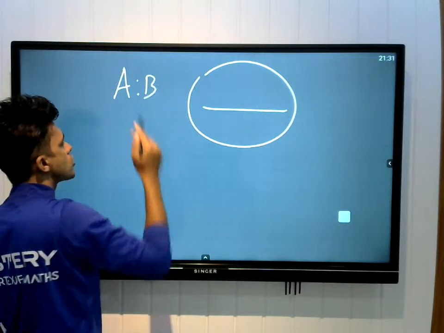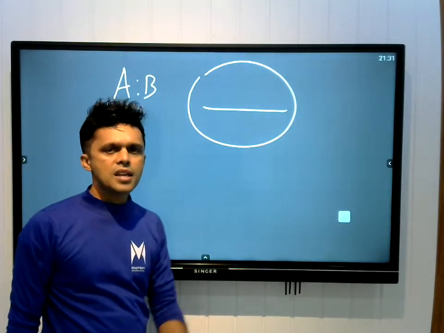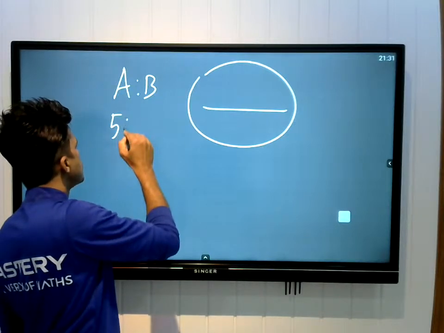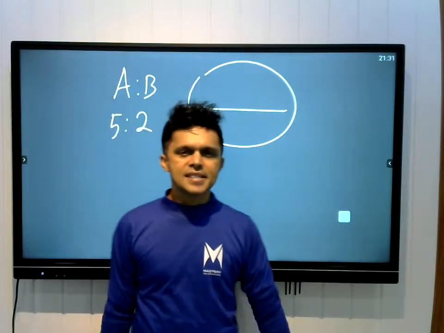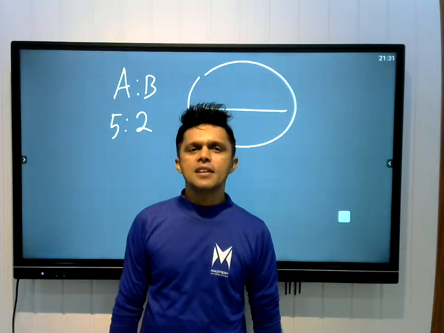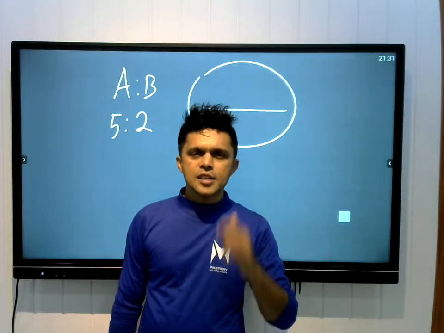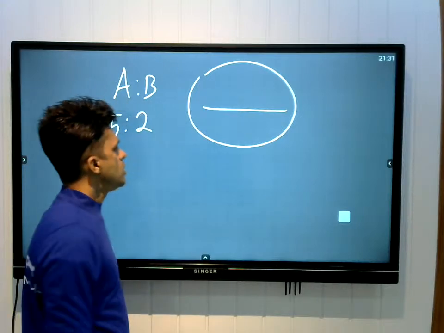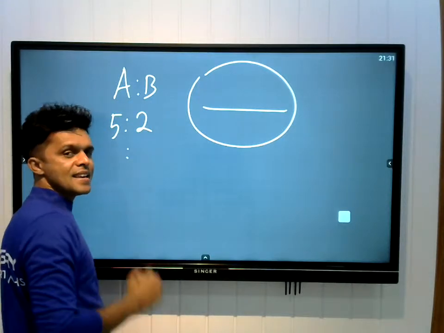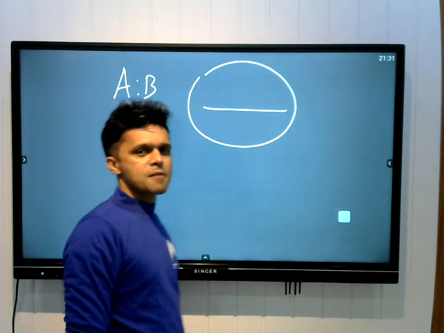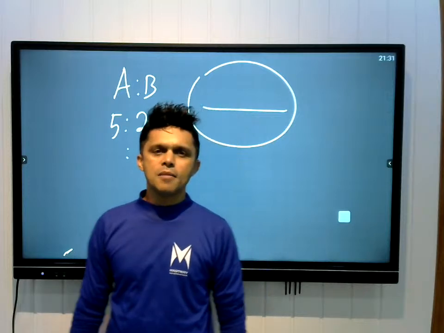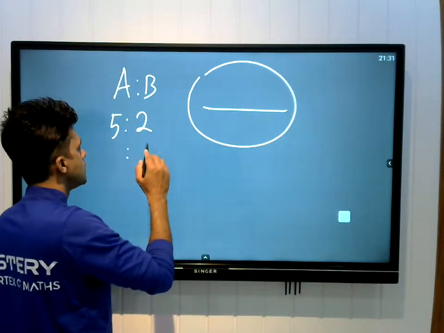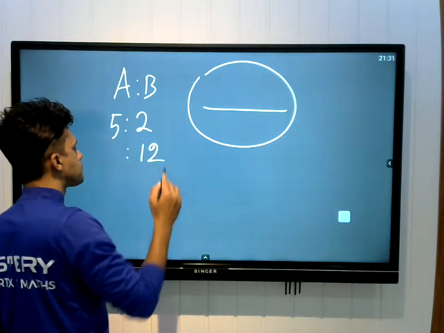A certain amount of money is divided between A and B in the ratio 5 to 2. Right now, the amount taken by B is 12 rupees.